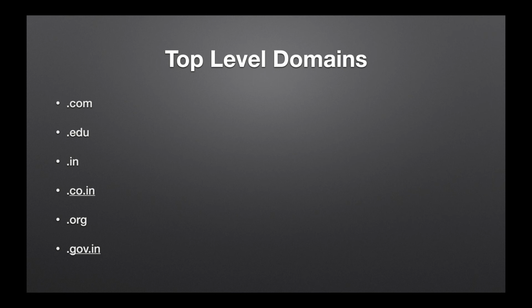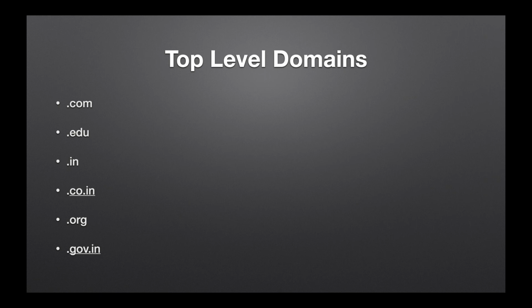These are the top level domains. The second word in a domain is called the second level domain. Just like in .co.in, the .co is the second level domain, and in .gov.in, gov is the second level domain.